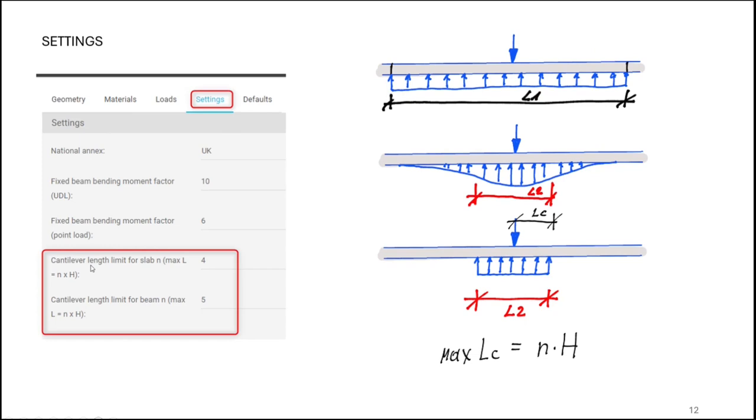Other two properties in settings are cantilever length limits for slab and for beam. What are they? Generally, when we have a point load or longitudinal line load standing on a slab or on a beam, in case that element is very stiff, we can assume that it can spread load over the long distance L1.